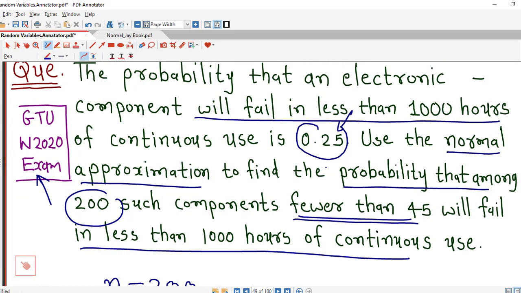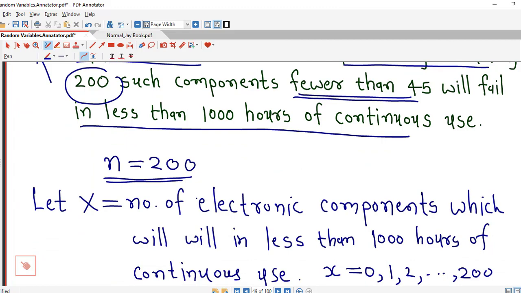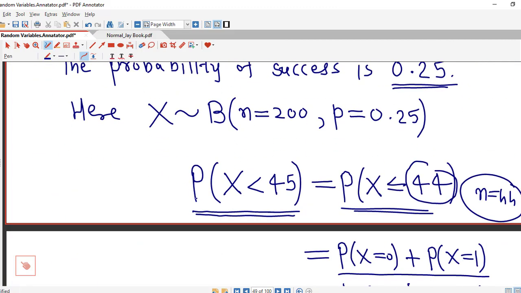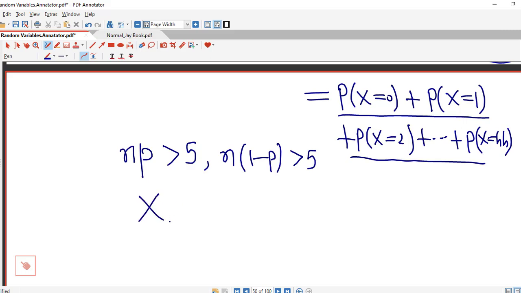This is the reason why they have asked us to use the normal approximation. We have discussed in lecture number 6 that if n into p is strictly greater than 5 and n into 1 minus p is also strictly greater than 5, then we can approximate a binomial random variable by a normal random variable.